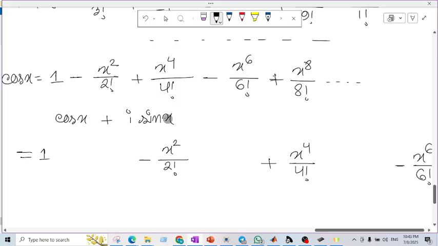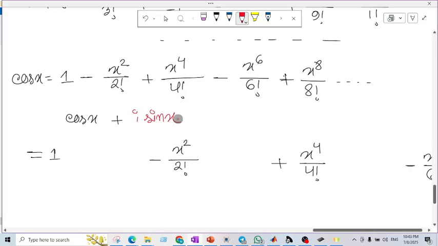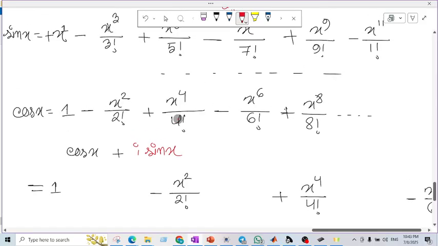And now let's say I need to find the sin x. So what will be the sin x? Let's say it's i sin x in red color. So what is i sin x? If I put i here, I will get ix, and then I will get minus i x cubed by 3 factorial.